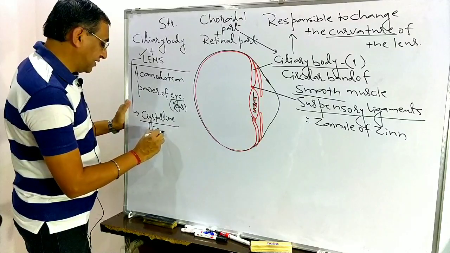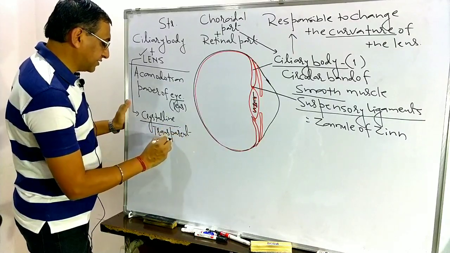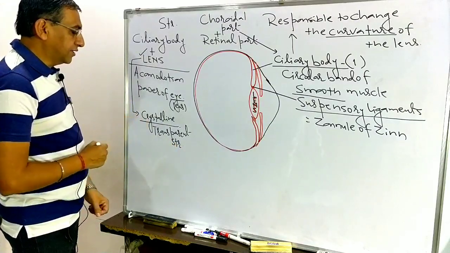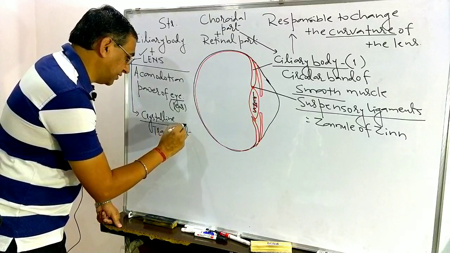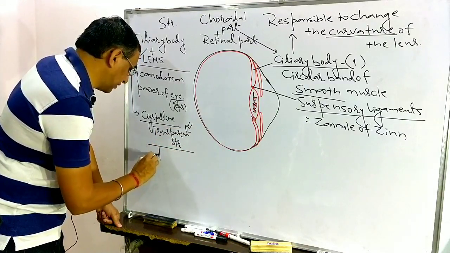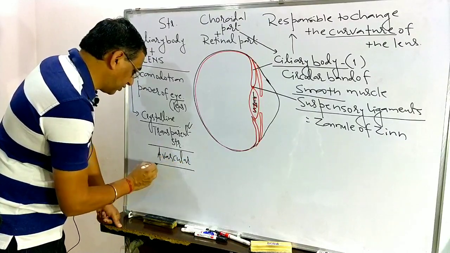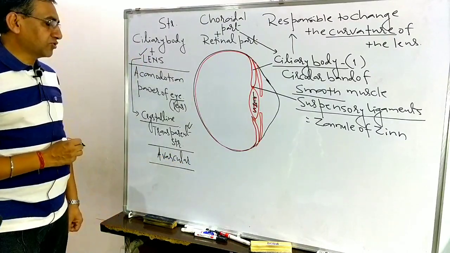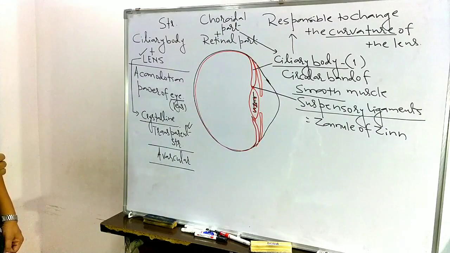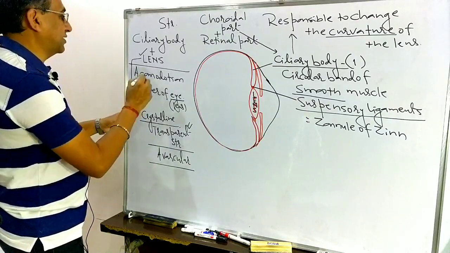It is also avascular. So it is a crystalline, transparent, avascular structure here.